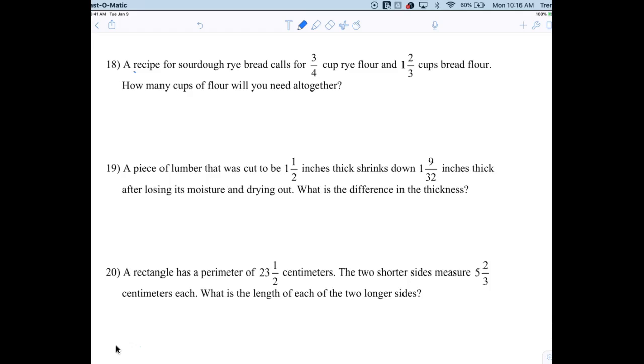So we're going to add those together like he said. 3/4 plus 1 2/3, and I'm waiting for a response. He's got it. Let him do it.